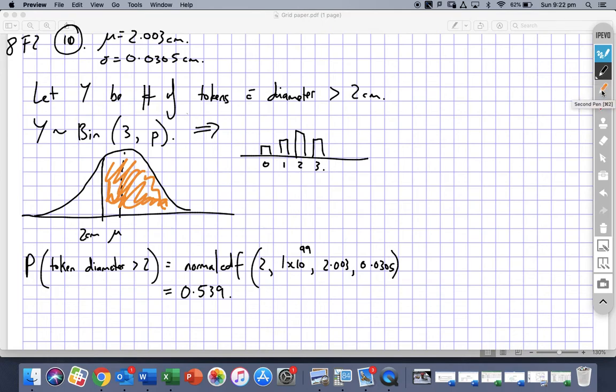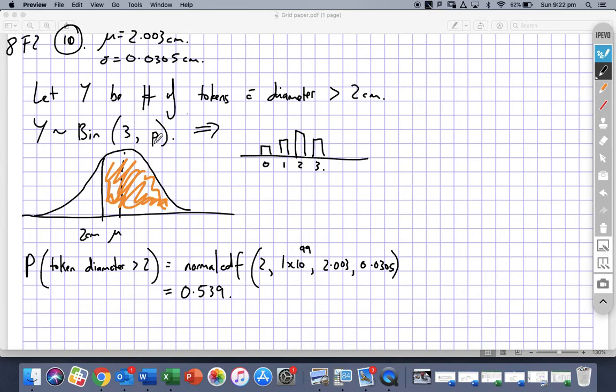So you could work out binomial CDF for up to 2. You could do 1 minus binom CDF and subtract away those 3 columns. You could do binom PDF. I think I might do that.